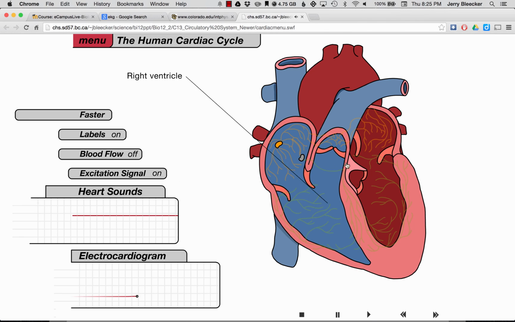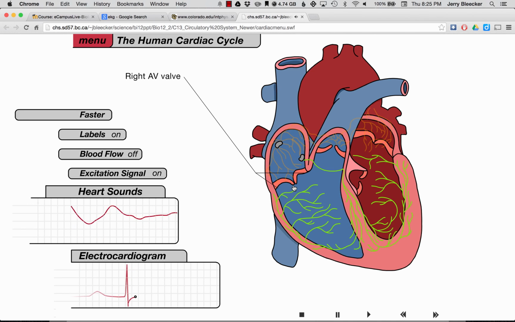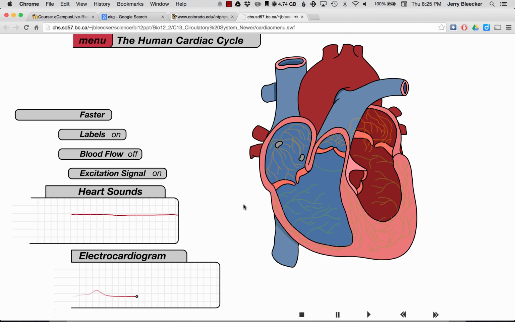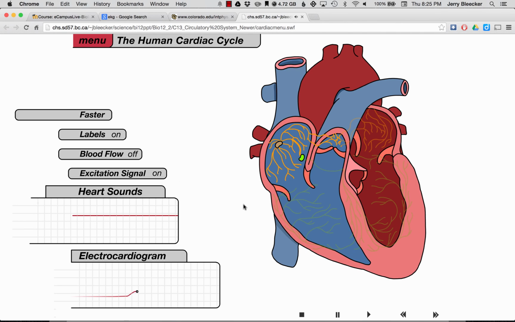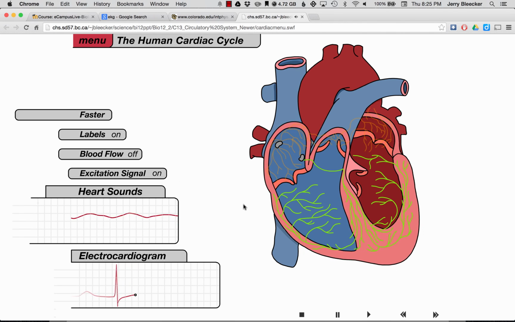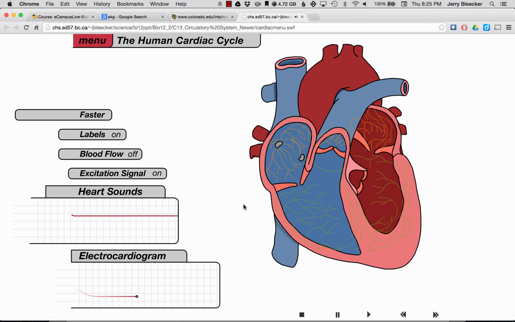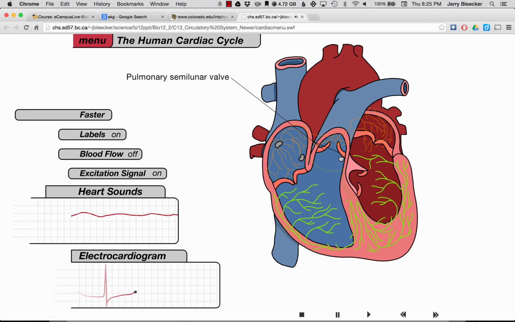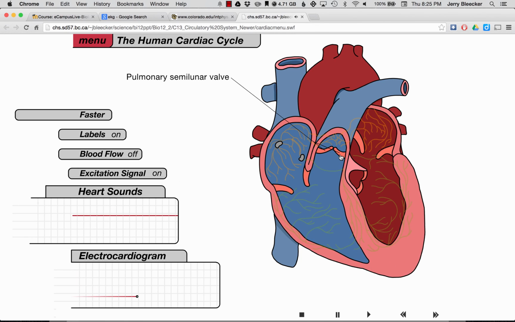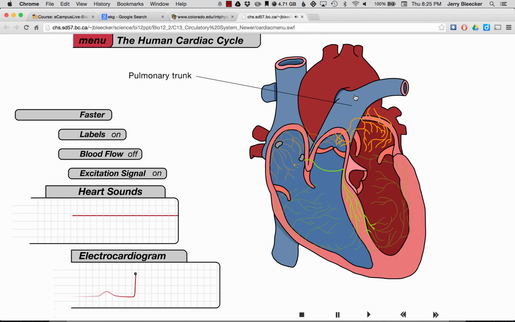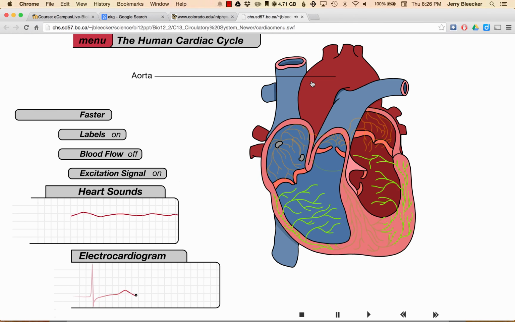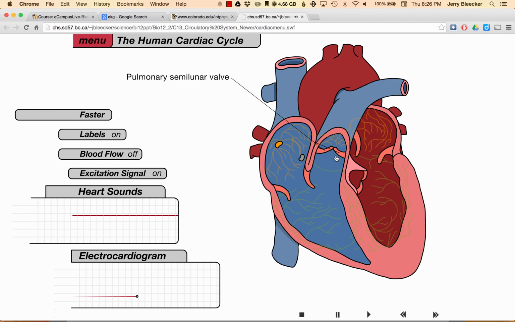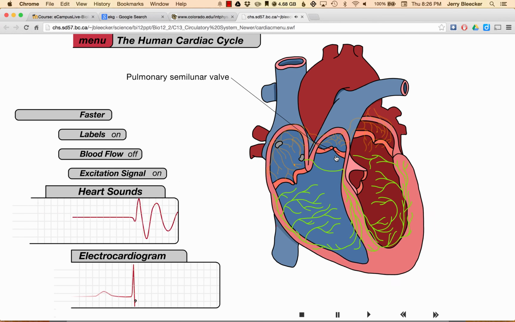When these snap shut, you sort of hear that lub. But there's a louder sound afterwards, like lub dub. The dub sound is when the semilunar valves, basically the valves that let the blood out to the lungs and out through the aorta, snap shut, you hear the loud dub.